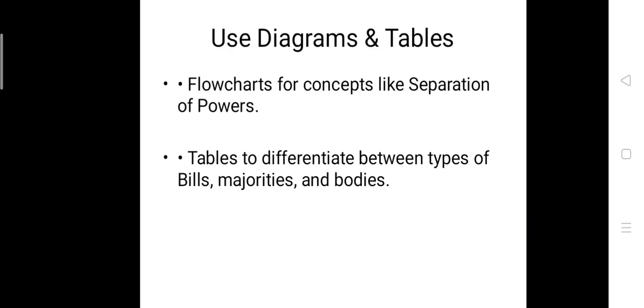Next, use diagrams and tables. If you try to condense a whole piece into one or two lines, you have to develop the skill of flowchart concepts, like separation of powers, which we discussed earlier. Use tables to differentiate between types of bills, majorities and bodies, like money bill and ordinary bill, and which one is relevant. Sometimes they talk about special majority.